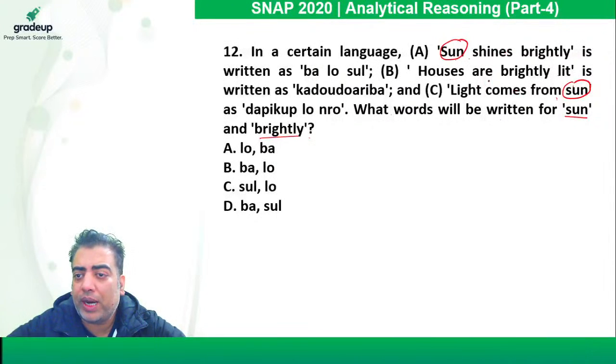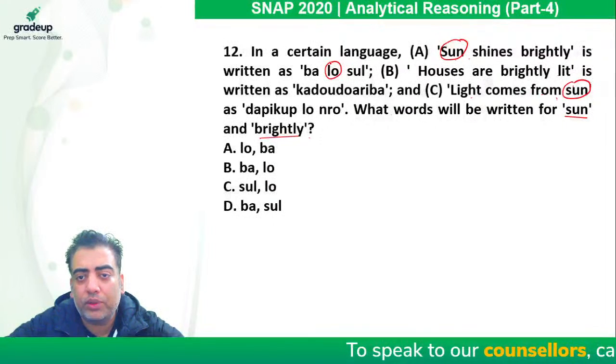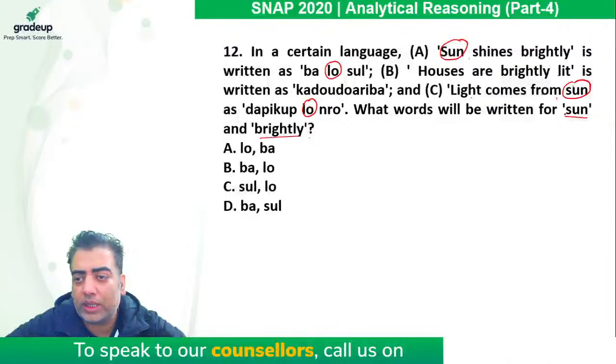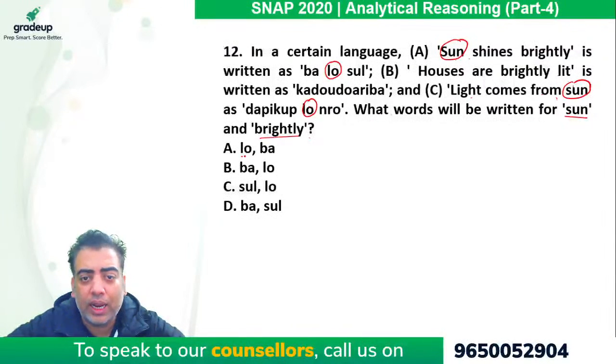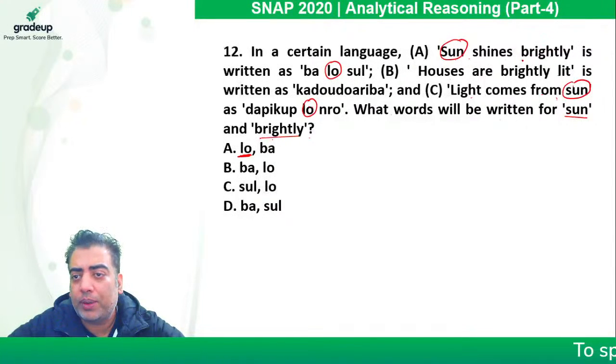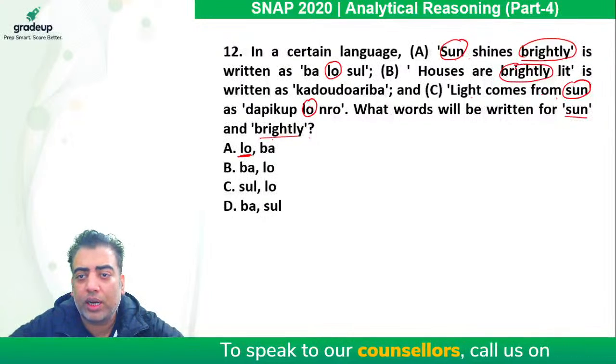Sun shines brightly and shines brightly is not here, which means only one value will be common here, which is LO. So the code for sun is LO, and we can see at first place there is only one answer option where LO is written. But still, let's solve it for brightly also, and brightly is common between these two, right?